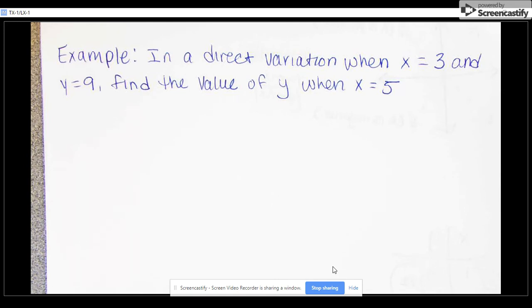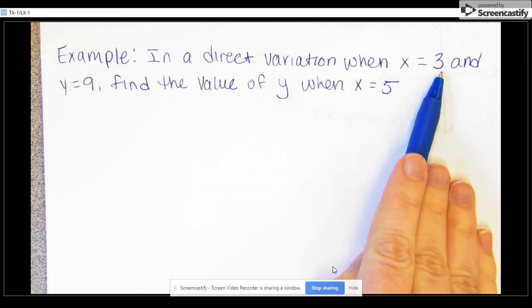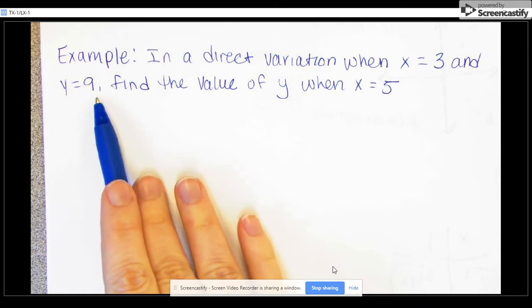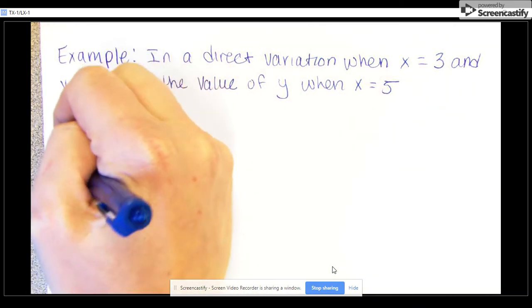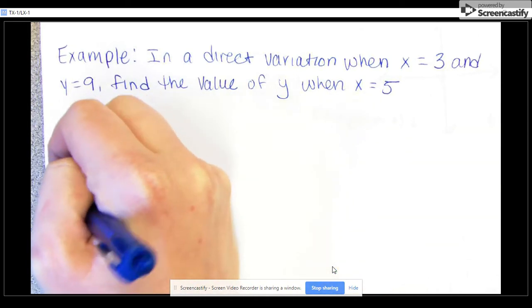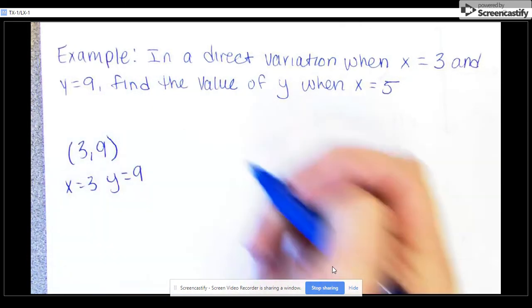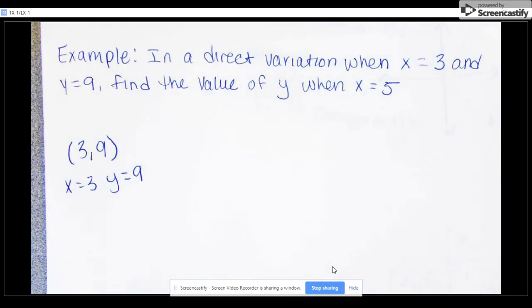It will be the x and the y values that are by each other. So I see right here, it says x equals 3 and y equals 9. So that's telling me that I have the point (3, 9), where x is equal to 3 and y is equal to 9. Great, I have that first step.